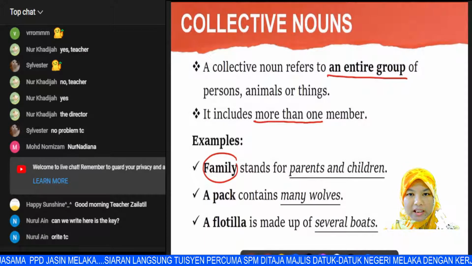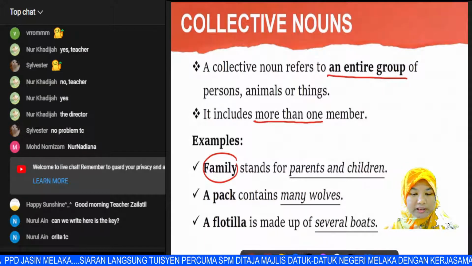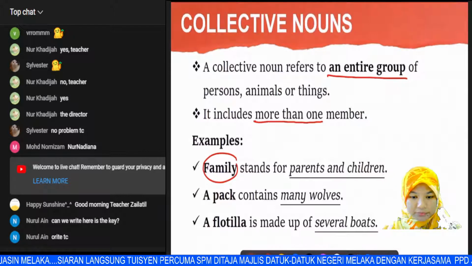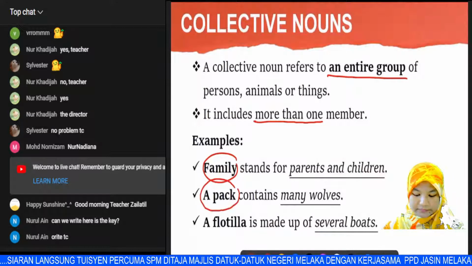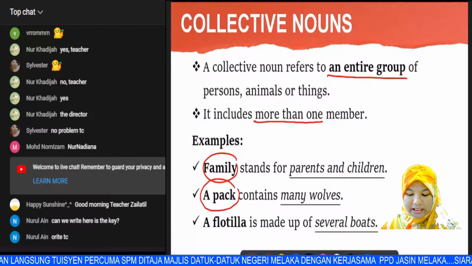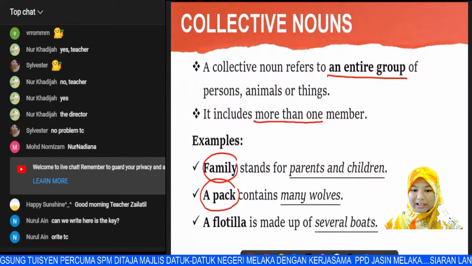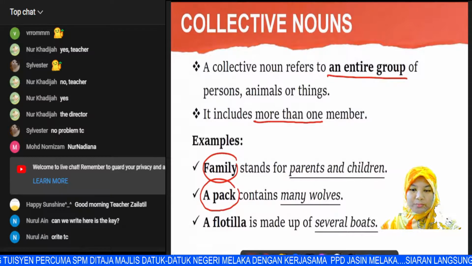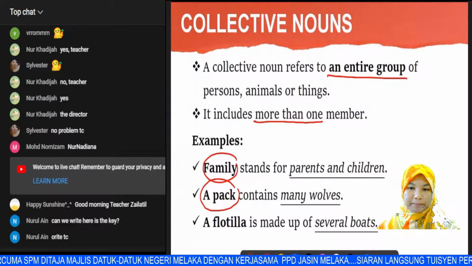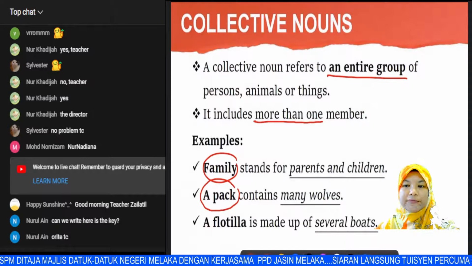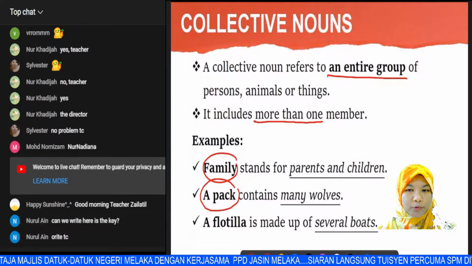Another collective noun, this will be some example, is a pack. A pack contains many wolves. In a pack, there will be quite a number of wolves. We use a pack to refer to the entire group of wolves.